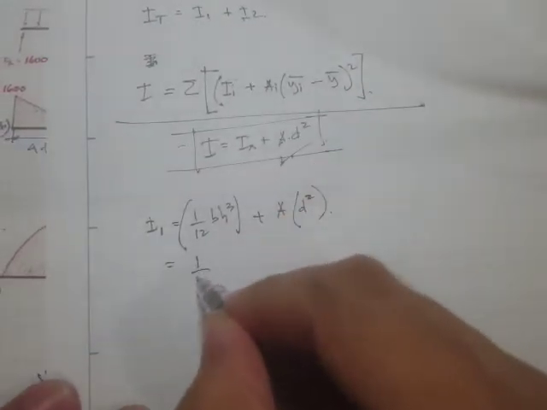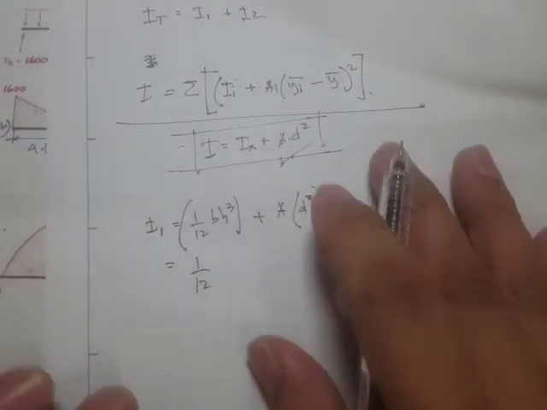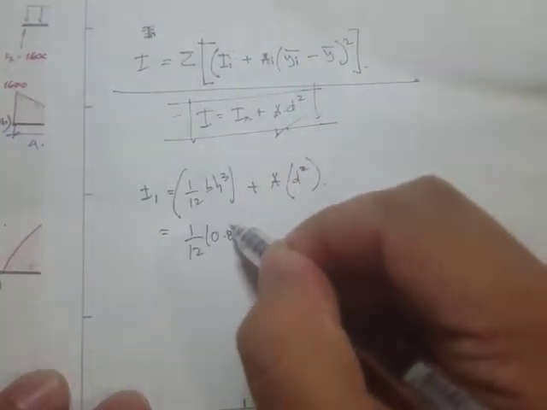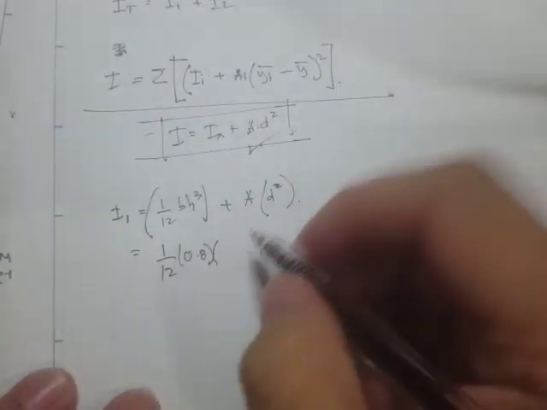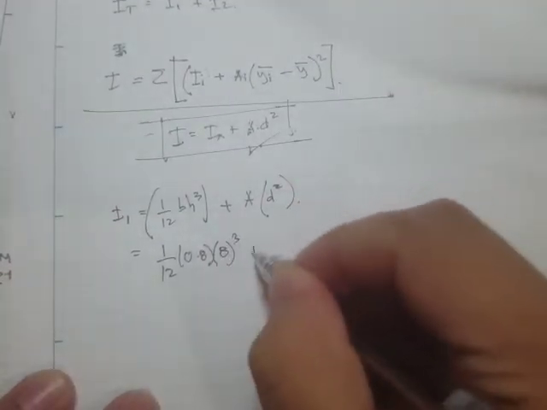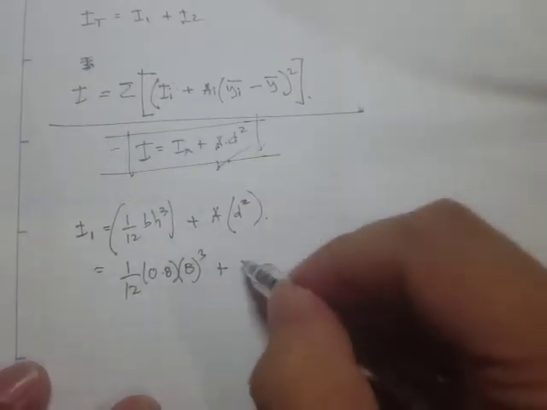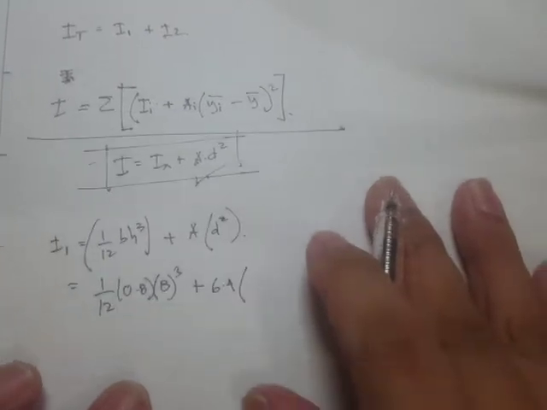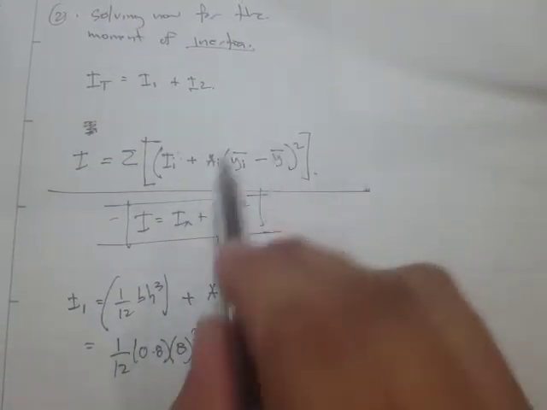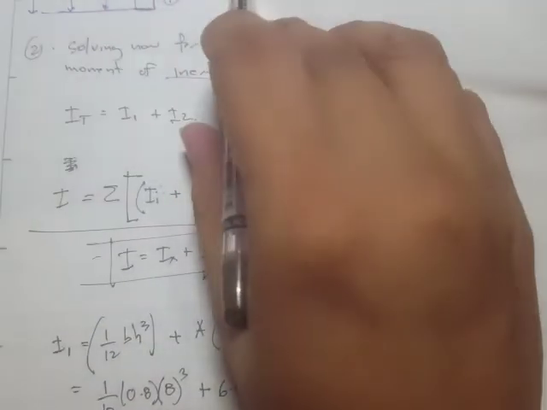Okay, so let's substitute the values. 1 over 12 times base. What is the base? This is 0.8 times the height, and the height here is 8. So 8 cubed, plus the area. The area is 6.4 times the distance. For the distance, you can use this equation if you want, or we can use this one.